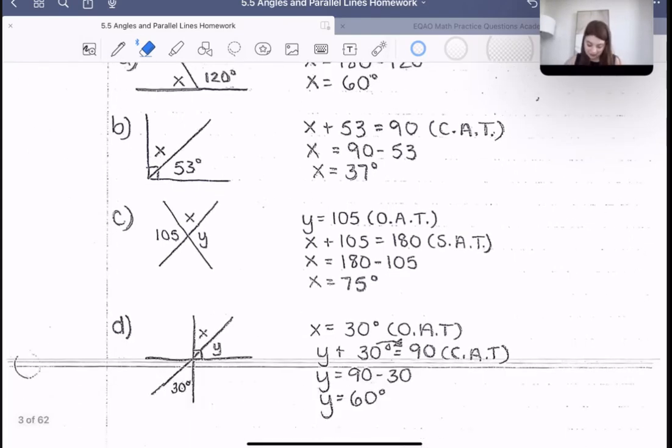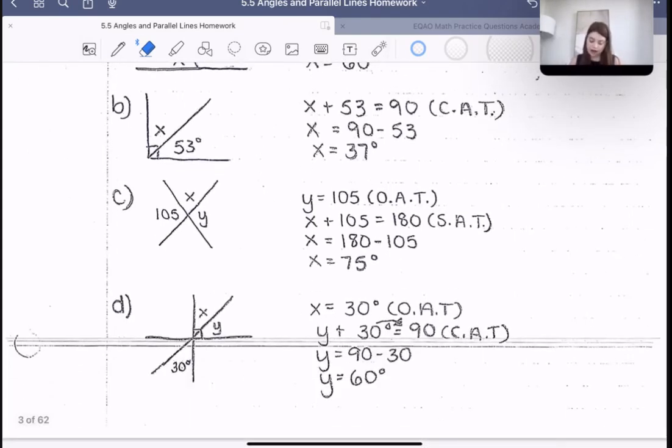Then we have C, which is 105, right? For this one, we can use a couple of different theorems. Because of our opposite angle theorem, if this is 105, y is also 105. And then by our straight angle theorem, with this straight angle, if that's 105, x must be 75 because x plus y must be 180, right?